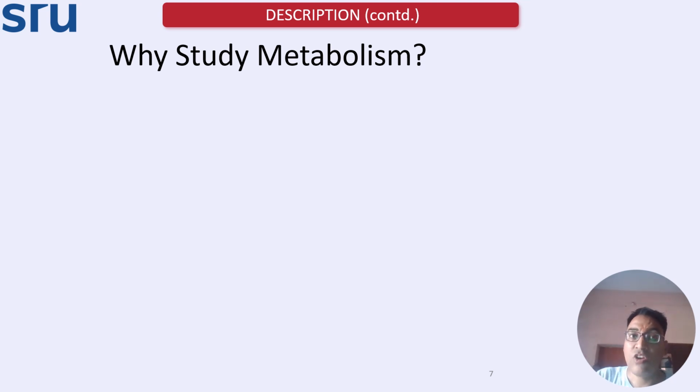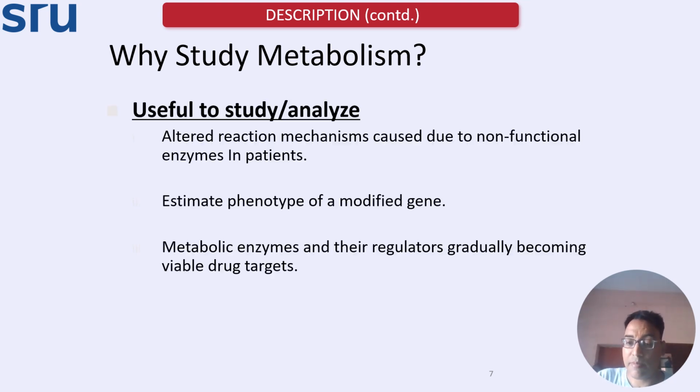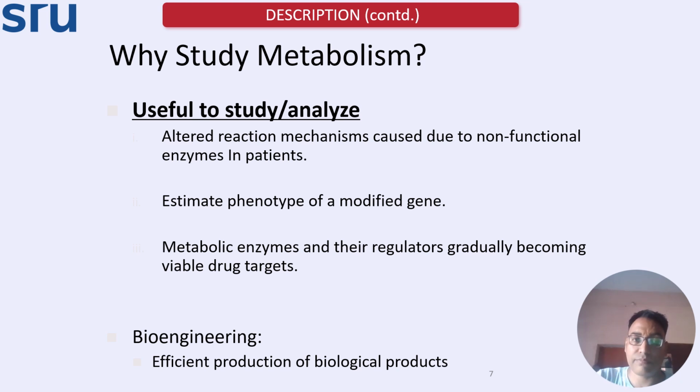If I ask why to study metabolism, understand that in many patients, several diseases arise because of non-functional enzymes, like sickle cell anemia, in which the RBC becomes sickle-shaped and its oxygen carrying capacity reduces. It is caused by just a small mutation, but it leads to an altered phenotype and an altered reaction mechanism altogether.